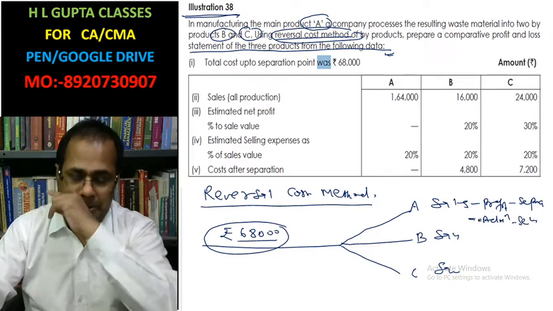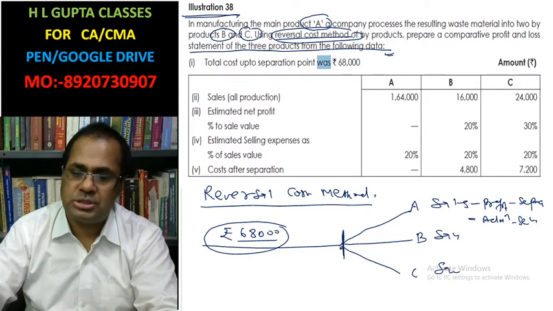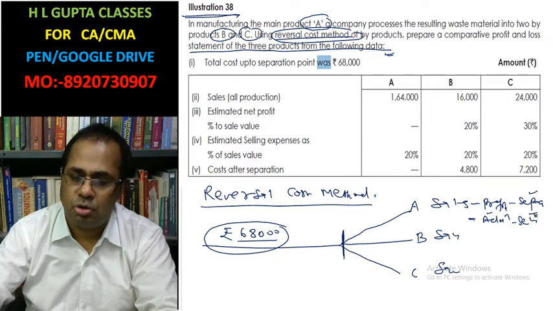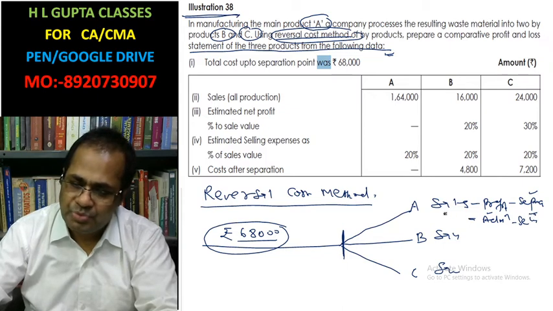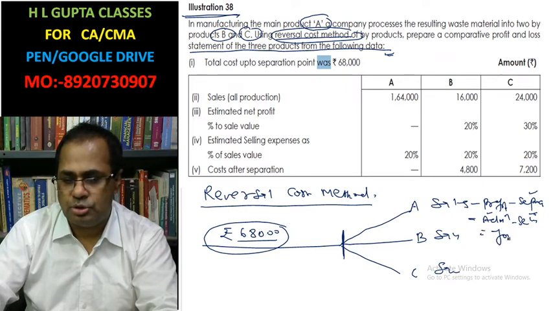These all costs are incurred after the split up point: separation cost, administrative cost, selling cost. If you subtract them, then finally you will have the joint cost.